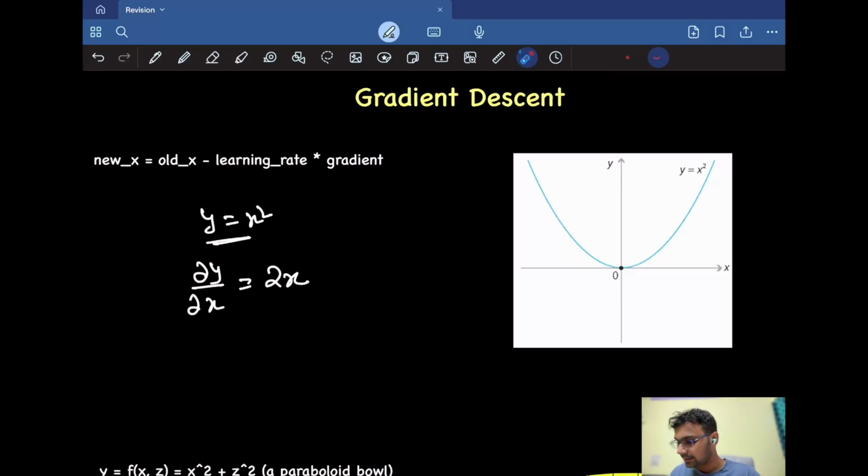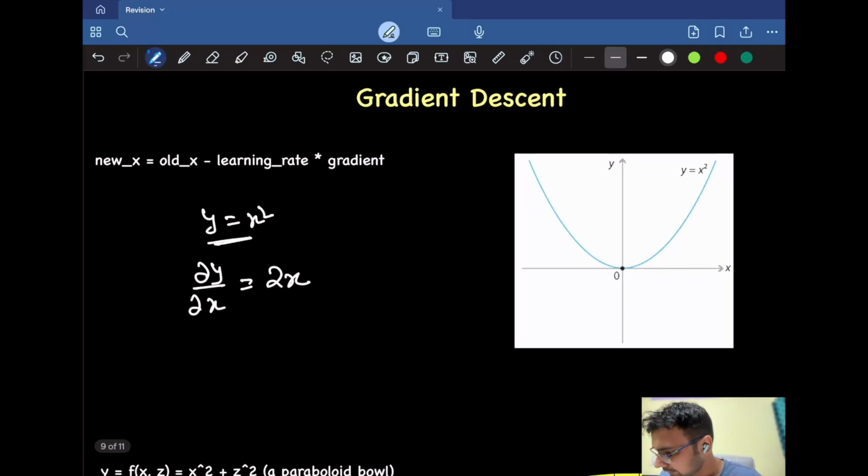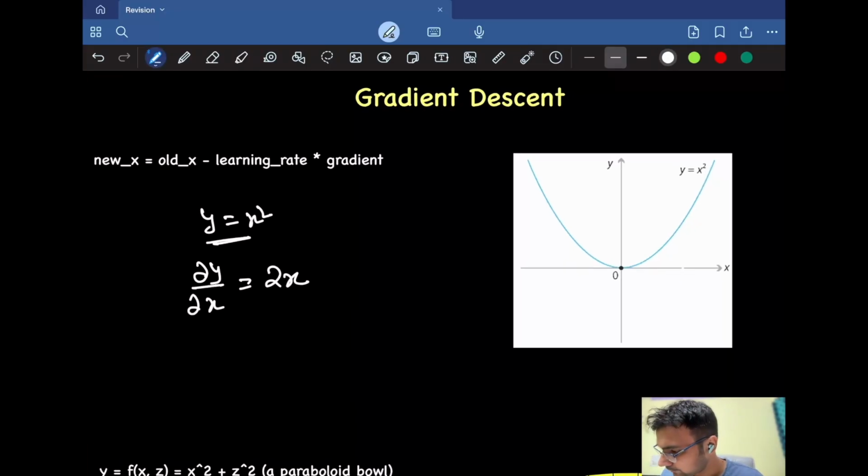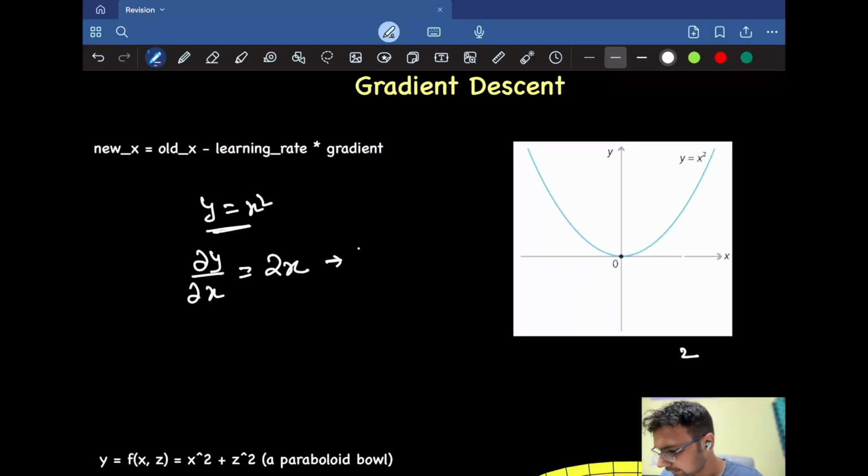What does it tell us? It tells us, wherever we are standing, let's say x is positive here, x is 2, then the gradient will be 4.